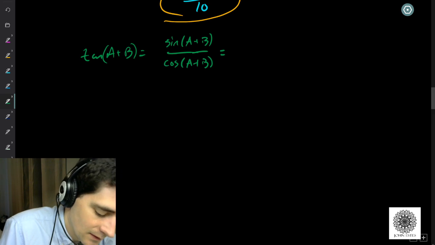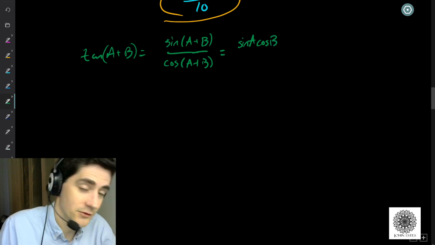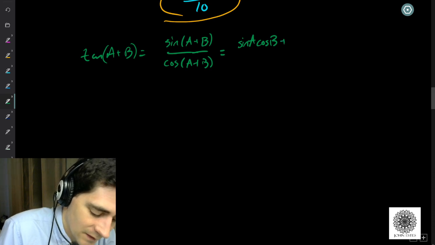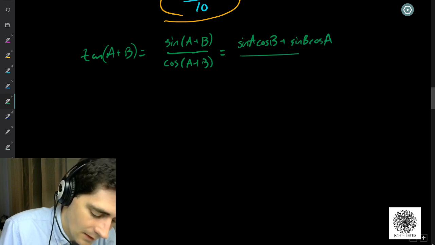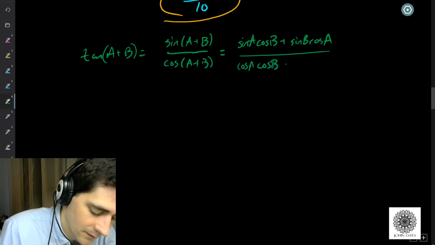Sine of A plus B, for sine, remember, you flip your trig function, you keep the same sign. So that's sine A cosine B plus sine B cosine A, over the cosines: you keep the same functions and you flip the sign in the middle.